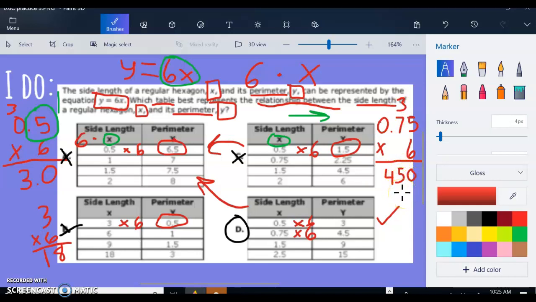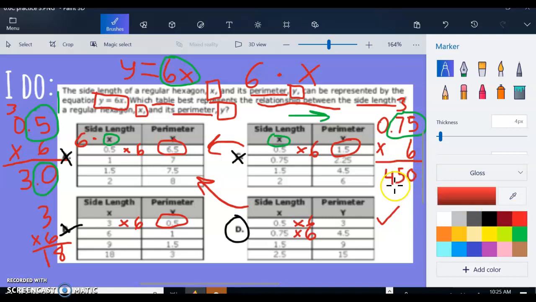Now, remember earlier what I said about however many decimal places were in your problem? It's going to be the amount of decimal places in your answer. In this case, over here we had 1 decimal place, so we had 1 decimal place in our answer. Over here, we have 2 decimal places. So in your answer, you're going to have 2 decimal places.